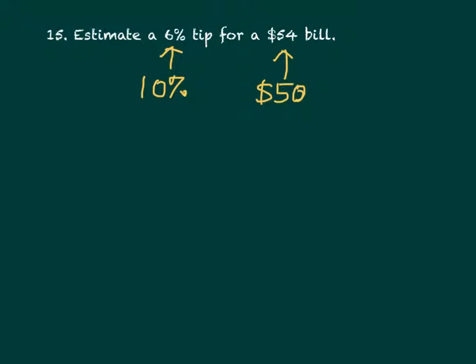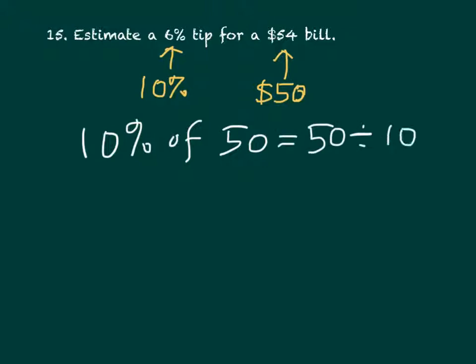Now you're just trying to find 10% of 50. And you don't need me to tell you how. This is super easy. It's the same as 50 divided by 10, which is 5. So a 6% tip is approximately $5.